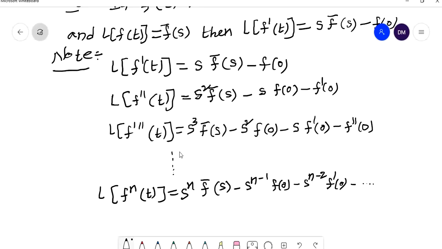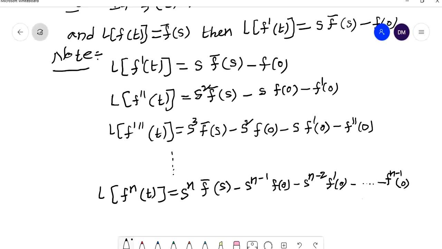We are finding the Laplace transform of the nth derivative of f of t. If we have the nth derivative, we end with the n minus 1th derivative of f at 0, right?